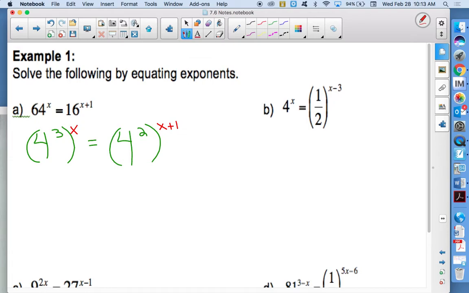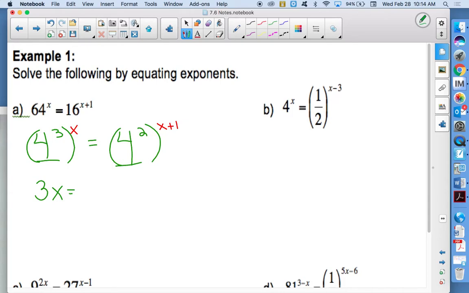So 64 is 4 cubed, 16 is 4 squared. If you have that common power sheet and that helps you change the bases, feel free to continue to use that. Because the bases are the same, we're now allowed to take the exponents and solve for them. So this exponent here is 3x because you're multiplying the exponents when you have a power to a power.